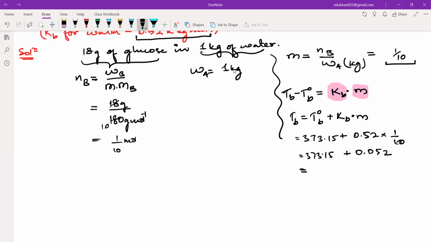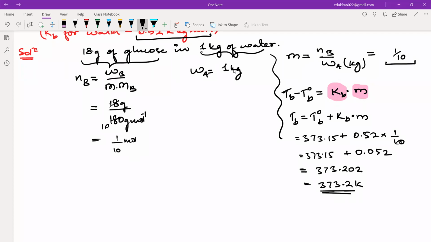So now this will be equal to how much? 373.202, which will be equal to, I can say, 373.2 Kelvin. Okay, so this will be the increase in temperature.